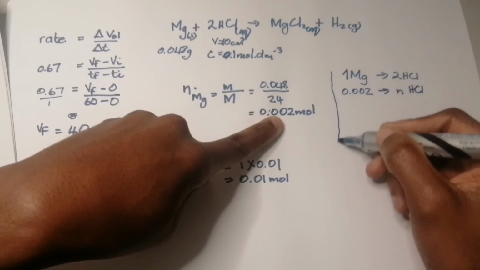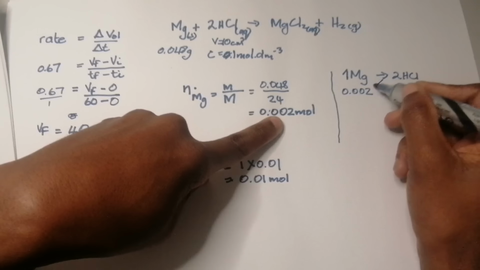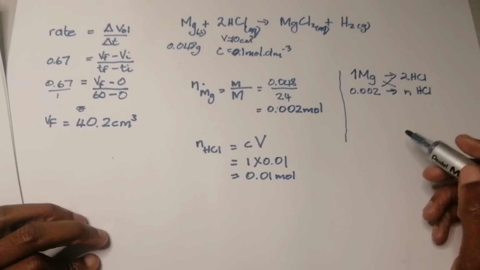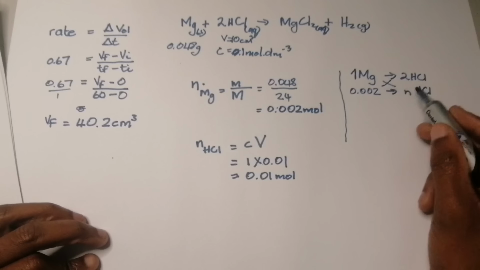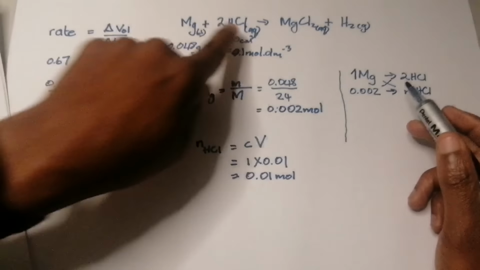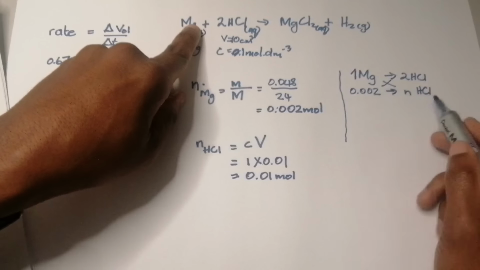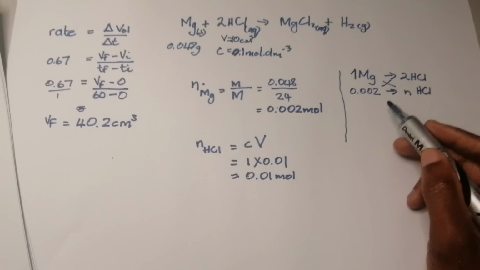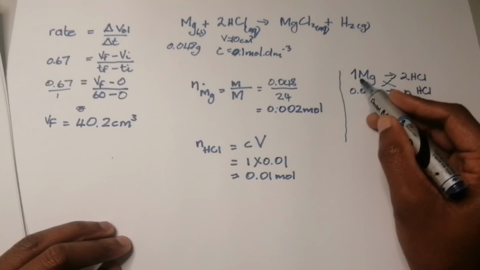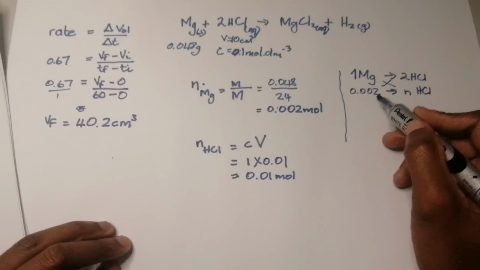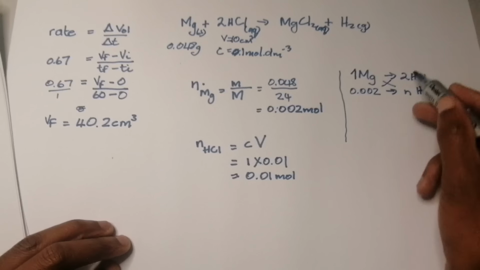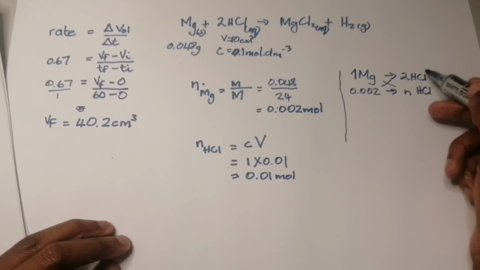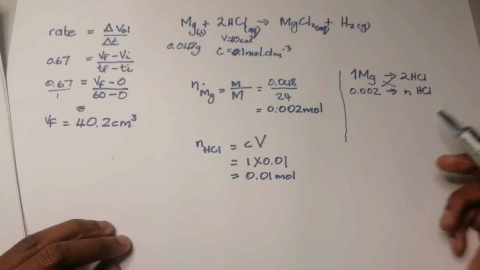Now notice, when I use this ratio and proportion, I always just simply use the number of moles and not the mass, right? So I start from my reaction, and in this case, I go to the actual amounts that I actually have. So for 1 there's 2. So for 0.002, notice the same things on the same side, right? So this is magnesium. I've got 0.002 of magnesium, and I've got an unknown amount of hydrochloric acid.